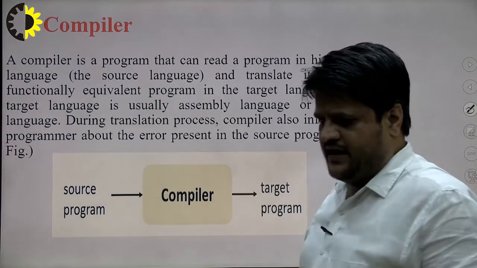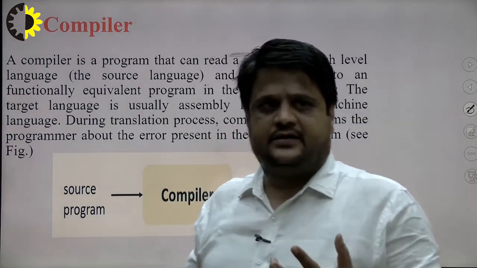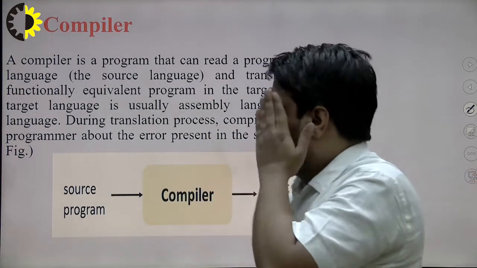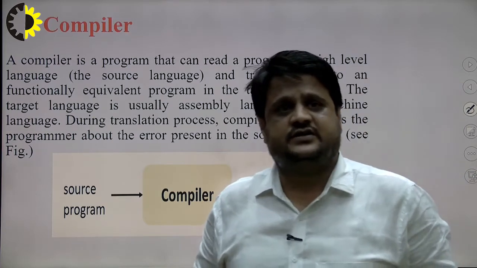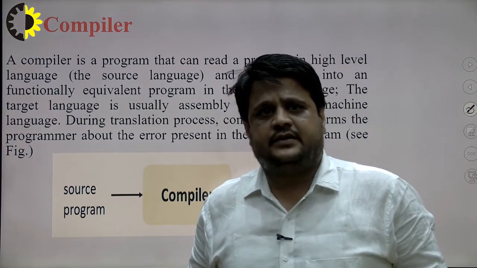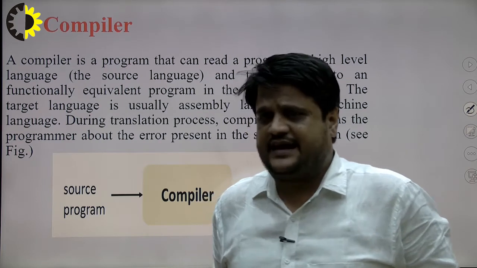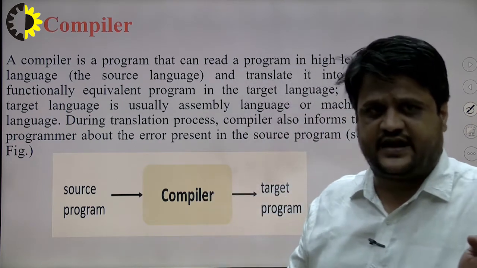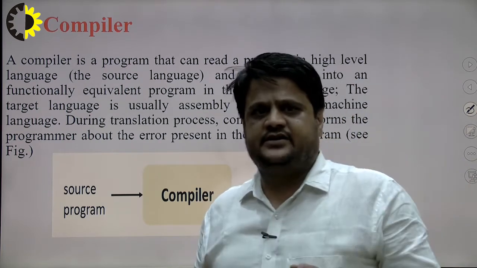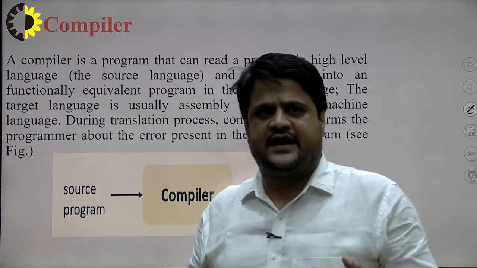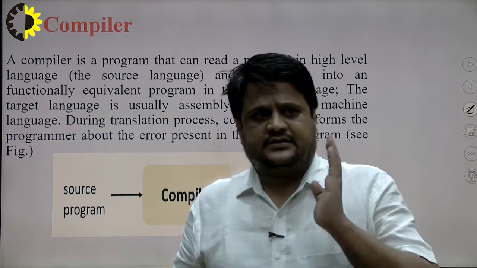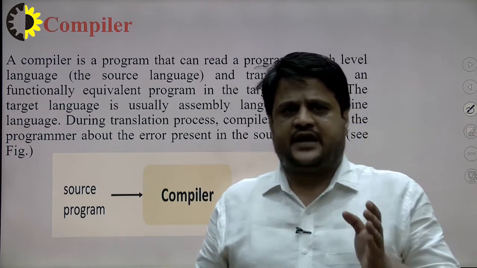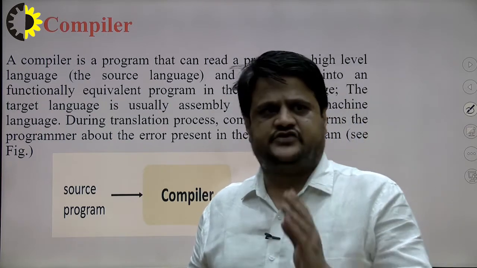Now we will move in depth about the compiler. So basically, what is a compiler? A compiler is a program that reads a program written in a high level language, also called the source language, and translates it into a functionally equivalent program in the target language, right? The target language is usually assembly language or machine language.